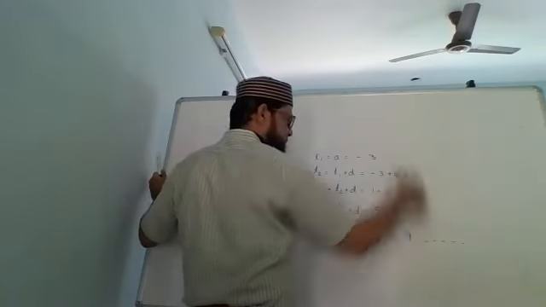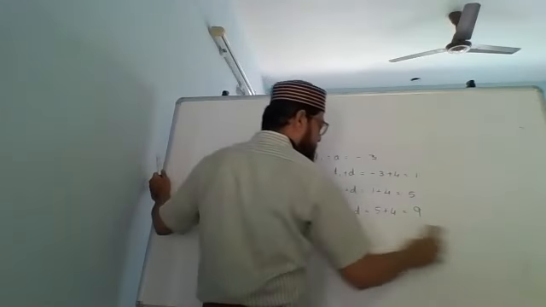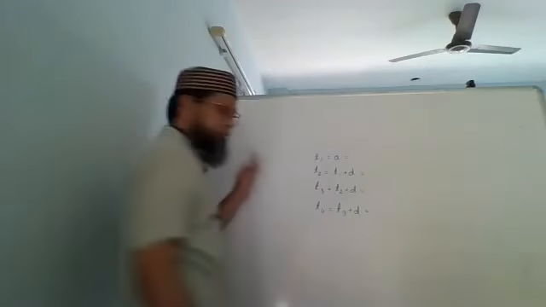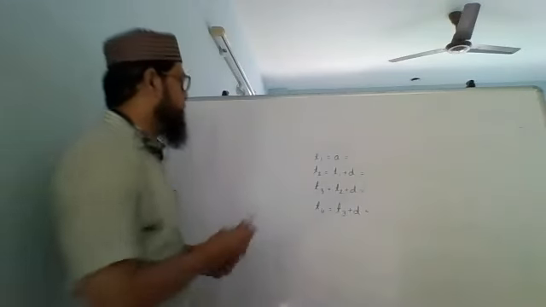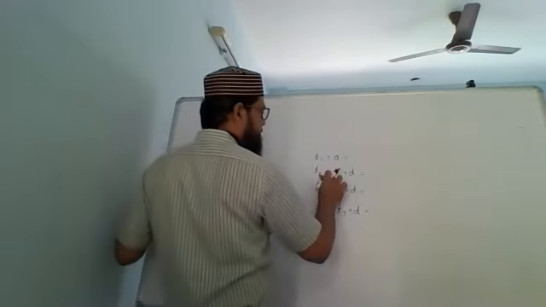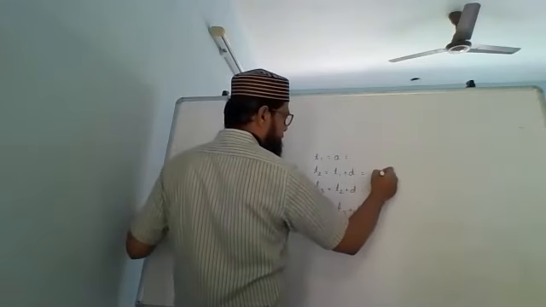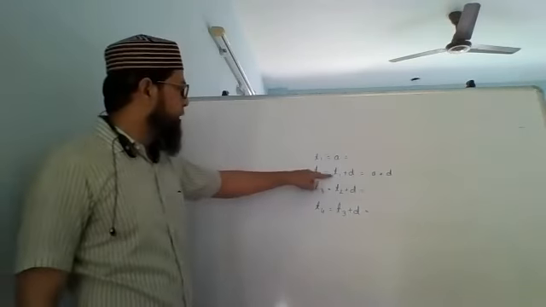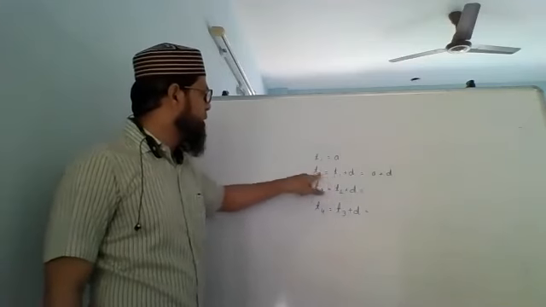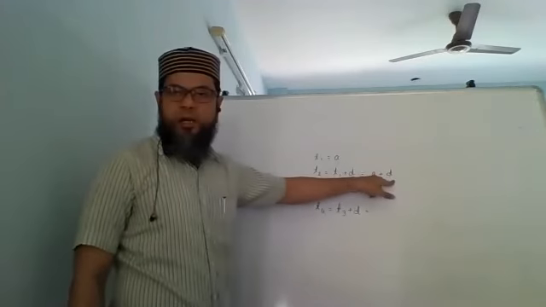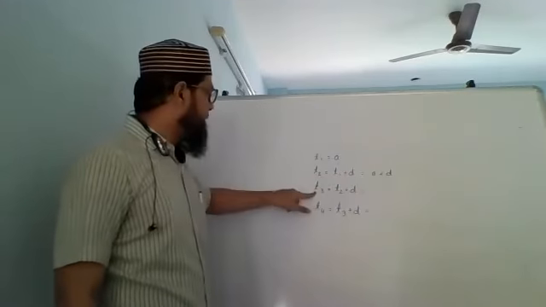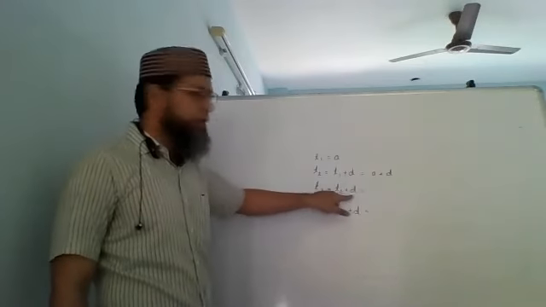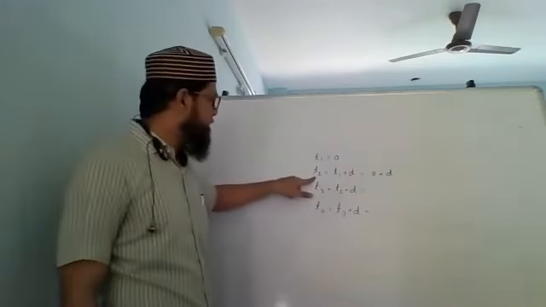I'll just erase these numbers and then we'll arrive at the formula. T1 equals A. So now T2, in place of T1 I can write A. T2 is T1 plus D, and T1 is nothing but A, so it is A plus D. T3 is T2 plus D. But what is T2?